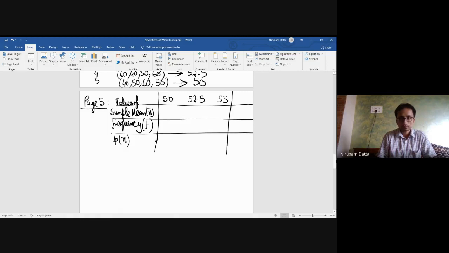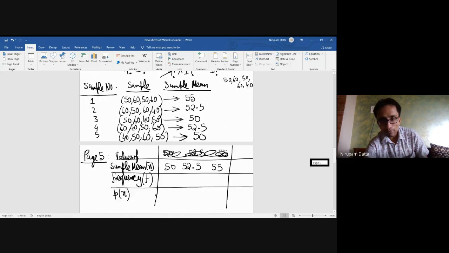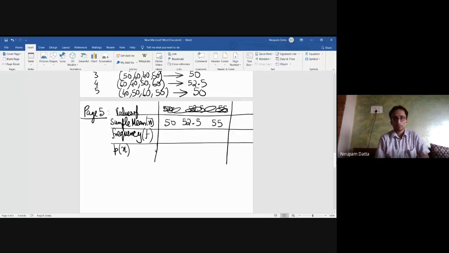Okay. So how many times did 50 appear? 2 times, 52.5 2 times, and 55 1 time. What is the total number of samples? 5. So what is the relative frequency corresponding to 50? 2 by 5, corresponding to 52.5, 2 by 5, and corresponding to 55, 1 by 5.